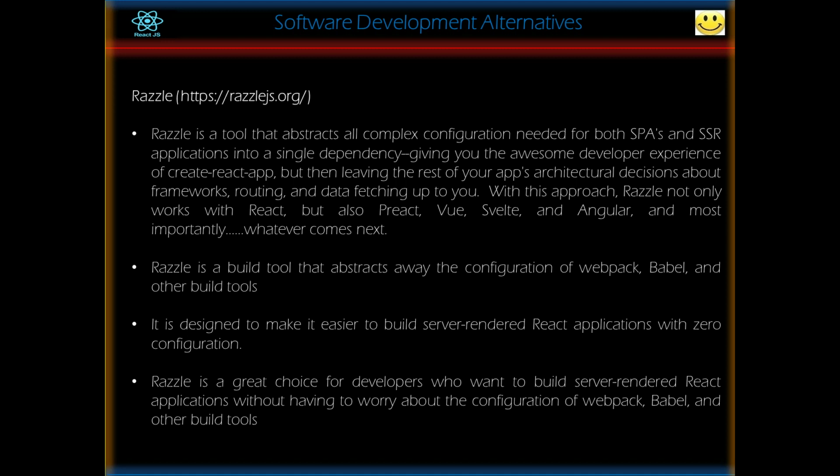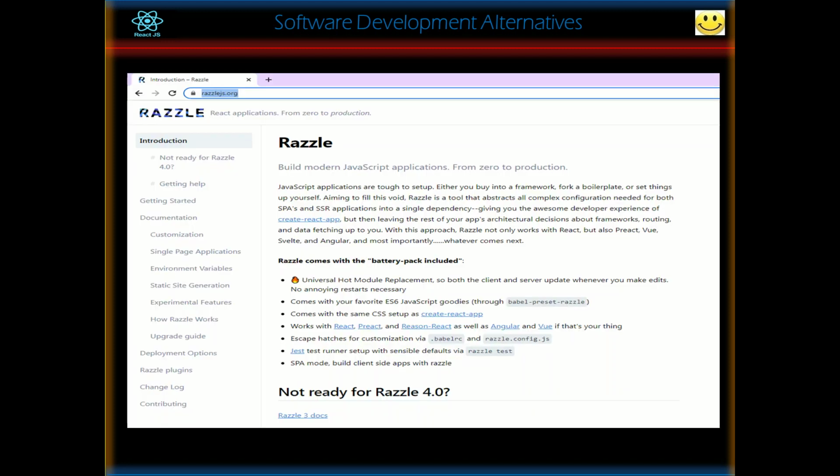Razzle is a great choice for developers who want to build server rendered React applications without having to worry about the configuration of Webpack, Babel, and other build tools. This is the homepage of Razzle website.